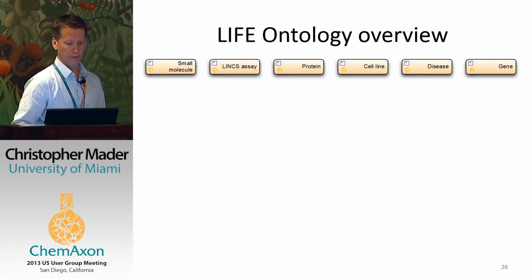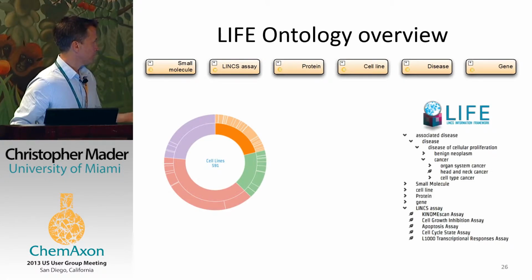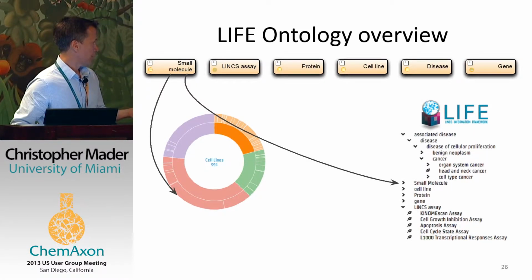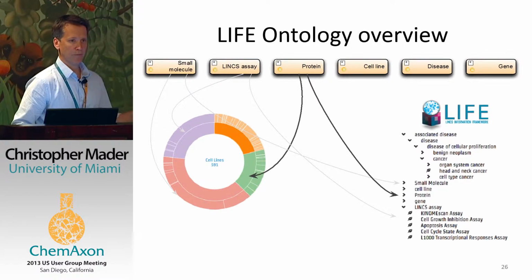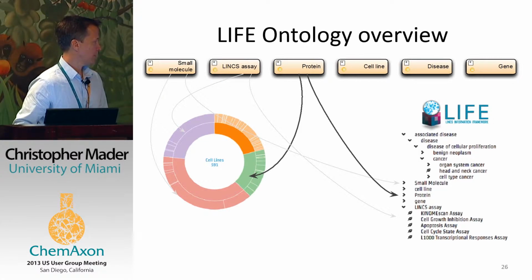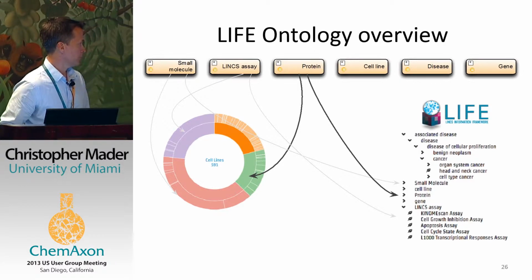And so the LIFE ontology contains elements from BAO that describe small molecule information and the specific LINCS assays, so that we don't have to re-describe those. So a KINOMEscan assay is a kind of assay that's already described, and we describe it using the BAO concepts.